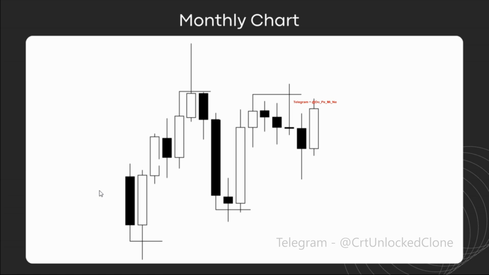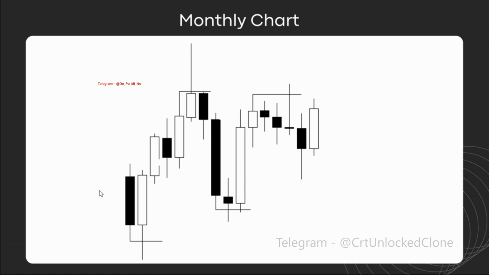For example, if you find an intraday setup or a short-term setup in the direction of the monthly directional bias, then you could regard that setup as an A plus setup or a high probability setup. But if it's in the counter direction, you could comparatively regard that setup as a B setup or a lower probability setup, and you could then still trade that setup, but you're going to just manage your risk on that particular trade accordingly, right? That's exactly how I manage my risk on my intraday setups too.